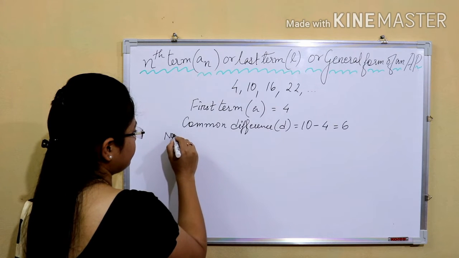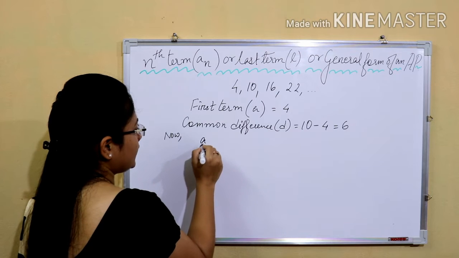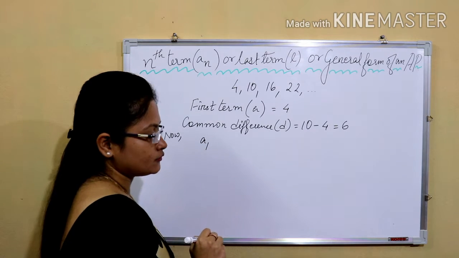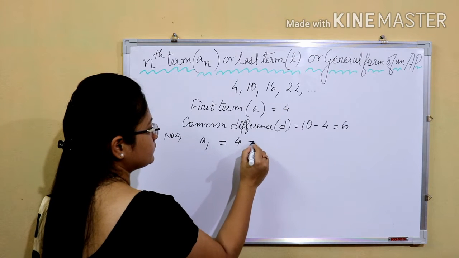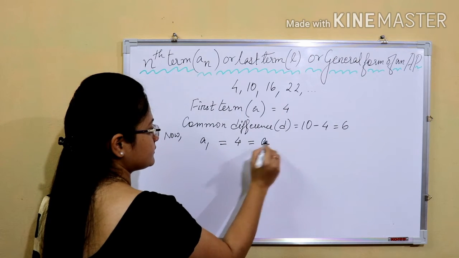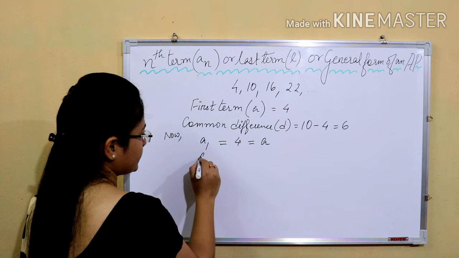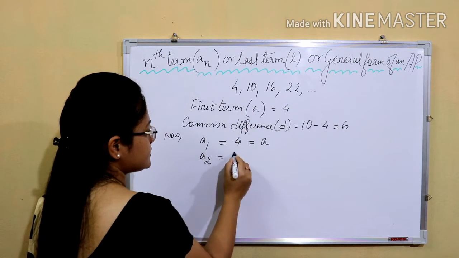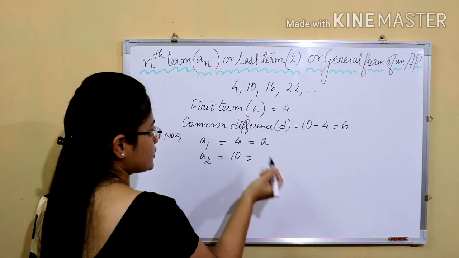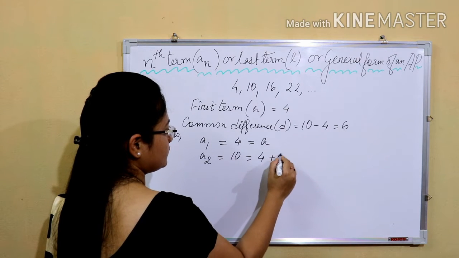Now, A1, which is our first term, that means 4, also can be written as A. Second term, A2, in this case it is 10, which can be written as 4 plus 6.